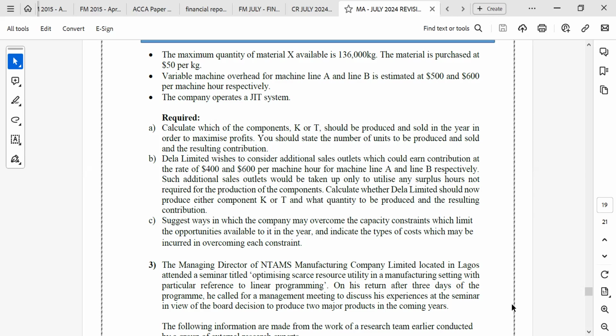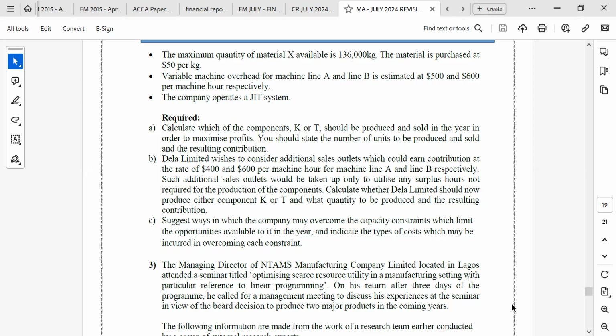We have an issue: if we want to produce all, we have to buy material to produce all of them. If we want to produce all of them, we also need to increase our machine capacity. So how should they overcome this? Please don't talk about opportunity cost here, because we are not going to be making a sacrifice.